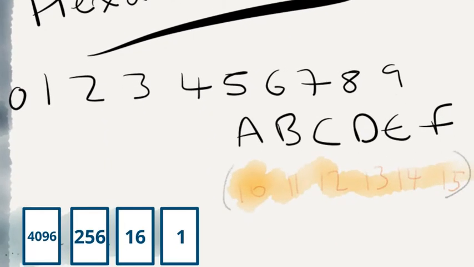So what is hexadecimal? Hexadecimal is a base 16 number system. So what we have is 16 numbers ranging from 0 to 9, which is 0, 1, 2, 3, 4, 5, 6, 7, 8 and 9. That's your first 10 numbers. Because we've already got a base 10 system, which then would go 10, 11, 12, 13, we can't use that.